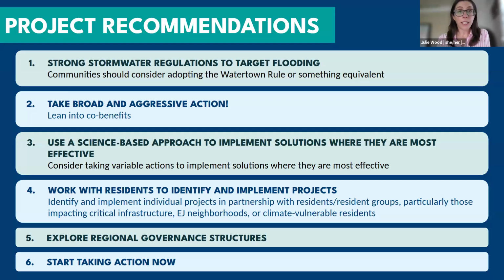Work with residents to identify and implement projects. Things don't go anywhere if people don't like them. So that's really important, and Lee talked about all the great ways we involve residents from the very beginning. And then we haven't talked too much about this, but might we need a regional governance structure?